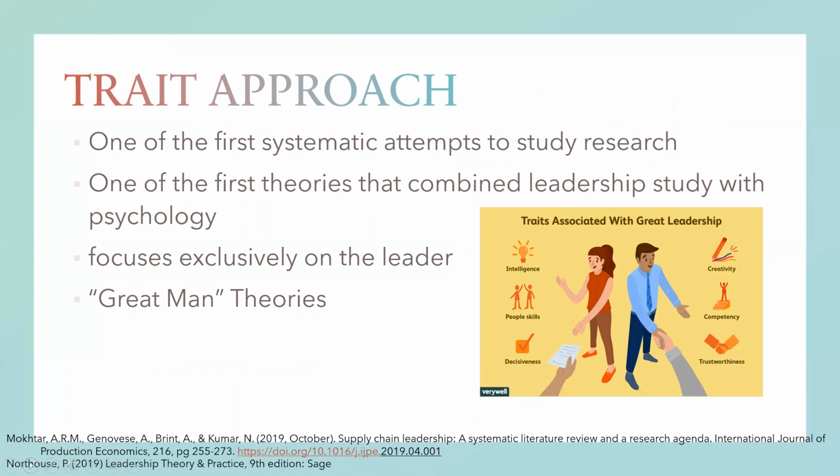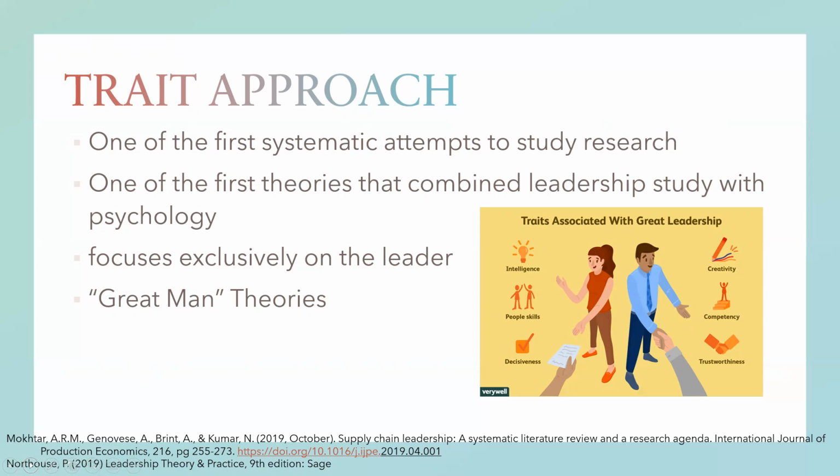Studies on the approach began in the early 20th century, combining leadership studies with psychology. These beginning theories were called great man theories. Great man theories started in the 1840s with studies focusing on what qualities made the great leaders great.